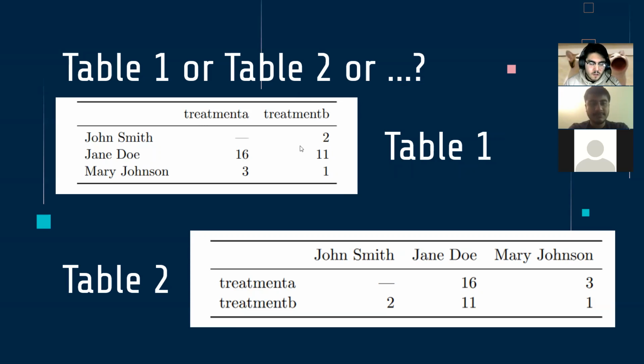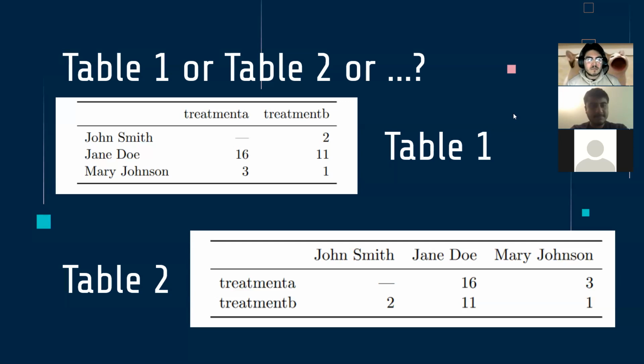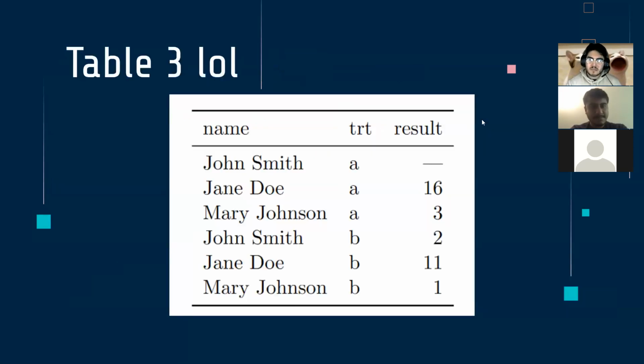But the actual faster way for us in our Pandas environment, Python environment, in our coding is actually table three. So table three takes all our index and makes it into a new column called name. They take all of our columns for table one, so treatment A and treatment B, and make them values.